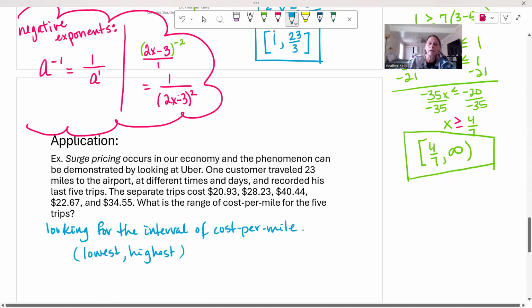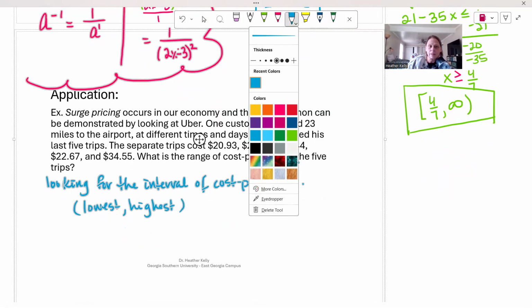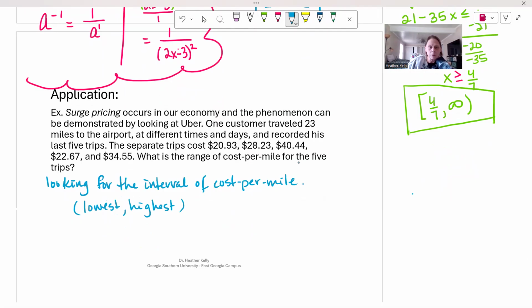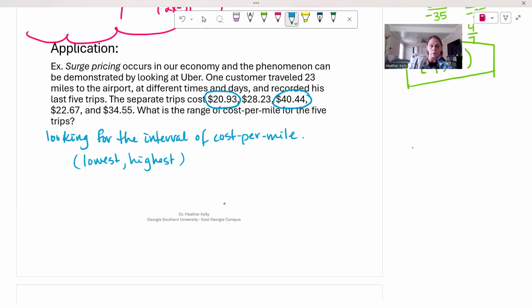That's what we're looking at. And so how can we find out the cost per mile? Well, I'm going to take the lowest cost. Everything's acting just a little bit weird. Okay, I'm going to take this lowest cost and I'm going to take the highest cost and I'm going to figure out the cost per mile on those.